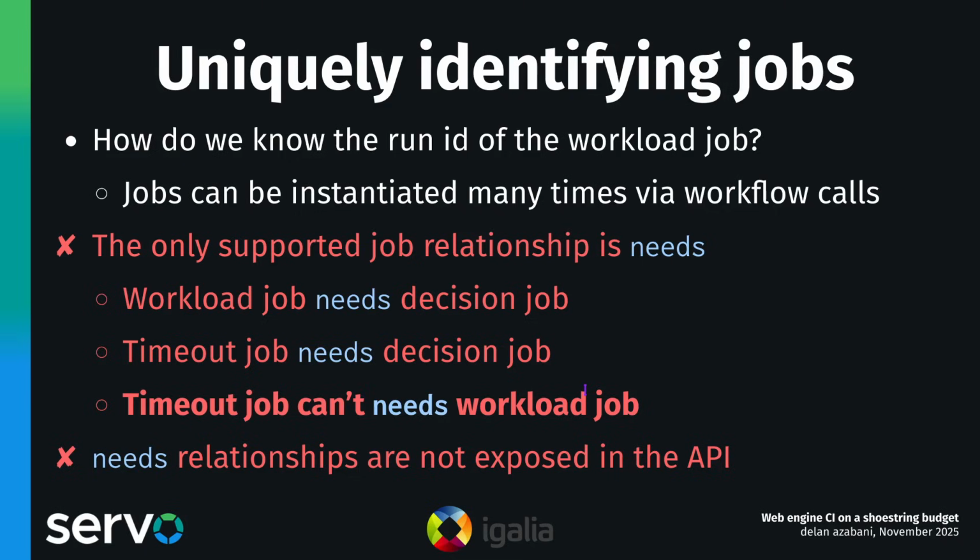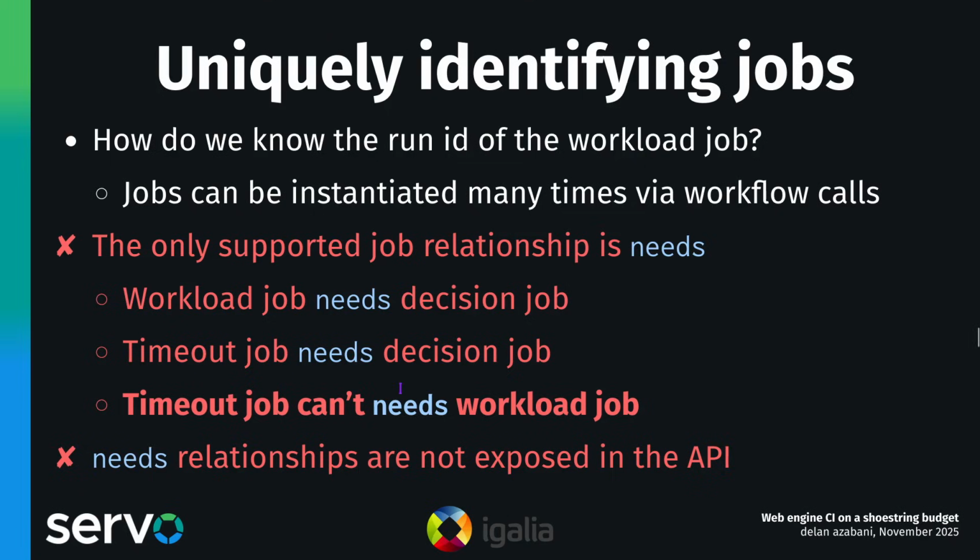If job A needs job B, then job B has to actually get assigned a runner and run and complete its run. It has to finish before job A can even start. And in this situation, we're making a timeout job to catch situations where the workload job never ends up running. So if we expressed a needs relationship between them, then the timeout job would never run, in these cases at least.